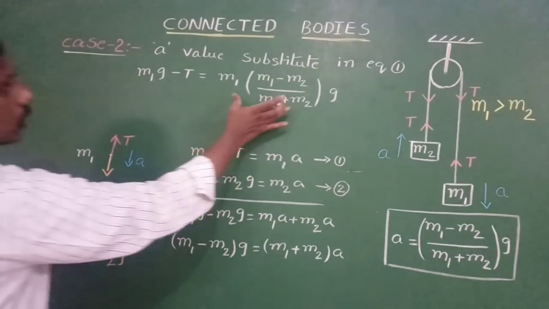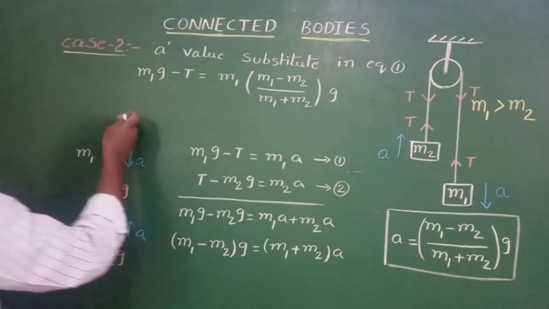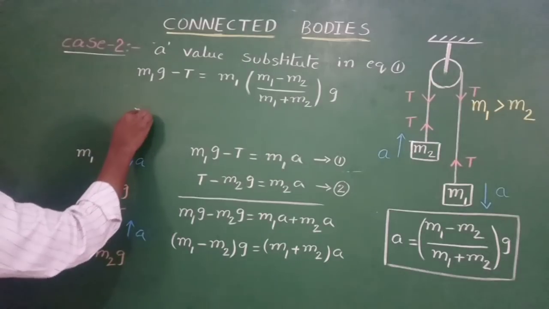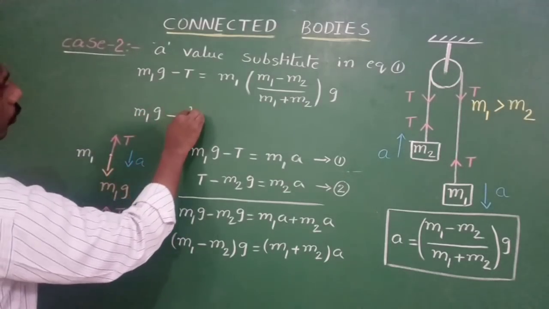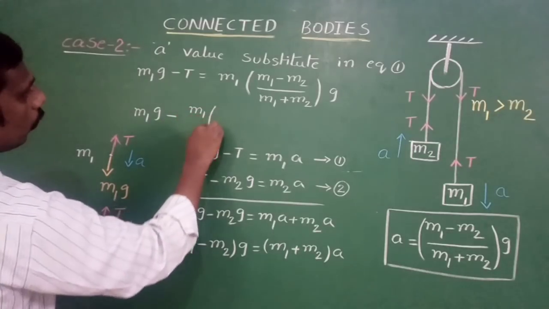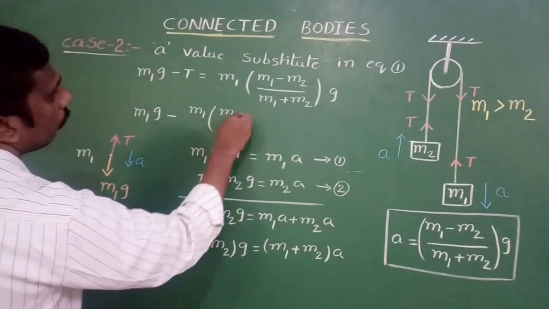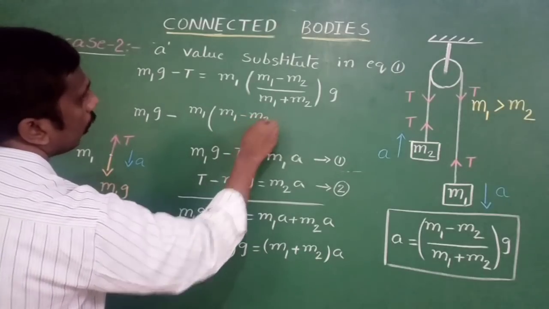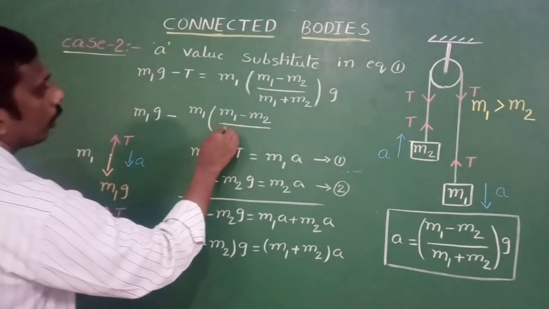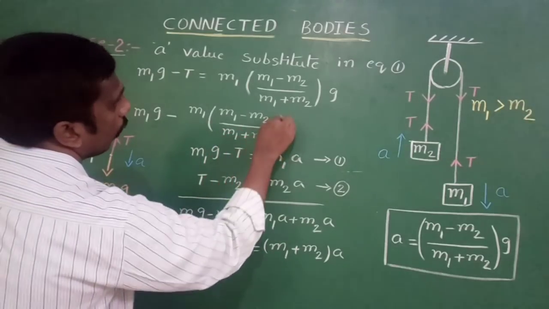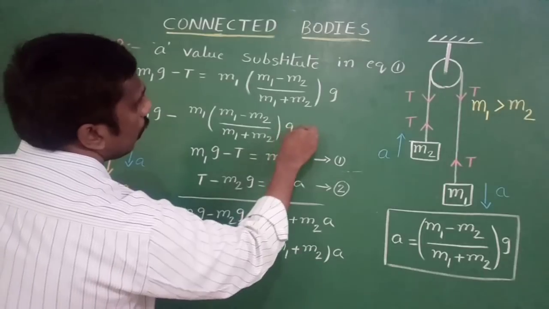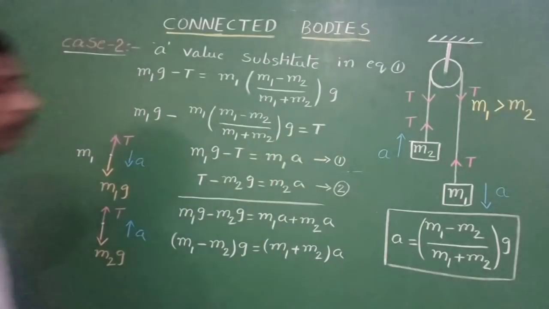Taking this entire term to the other side and the T value to this side, we get m1g minus m1 into m1 minus m2 by m1 plus m2 into g is equal to T.